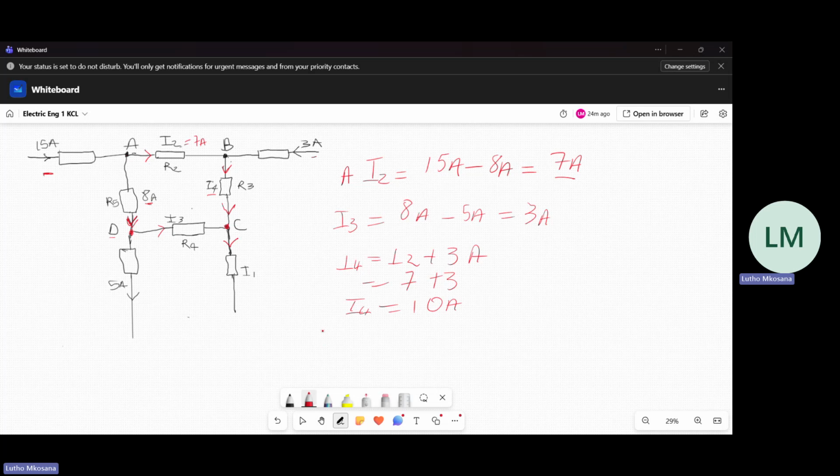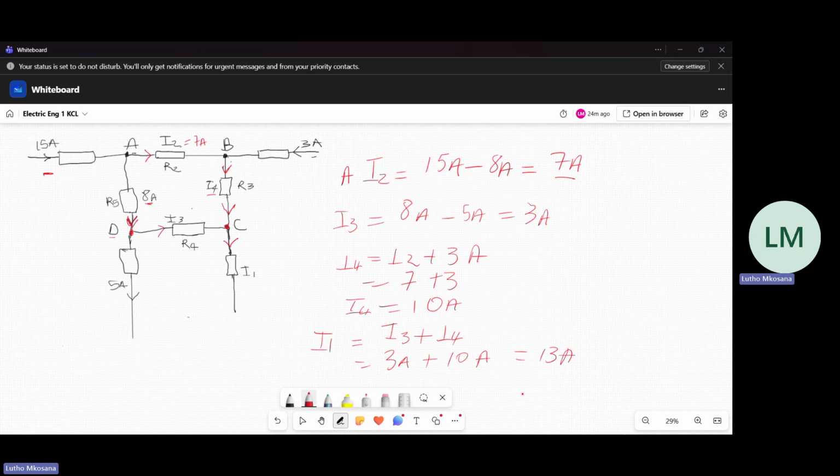So I1 is calculated as I3 plus I4, which is 3 amps plus 10 amps, equal to 13 amps. So this is how we would analyze the circuit using KCL.